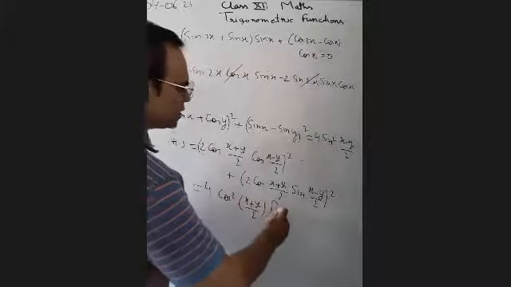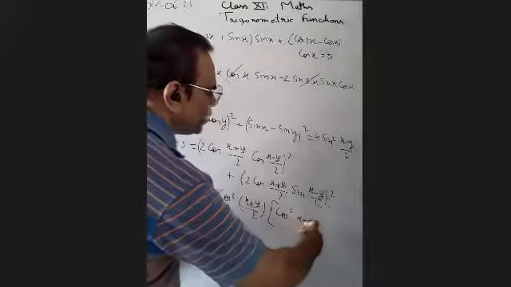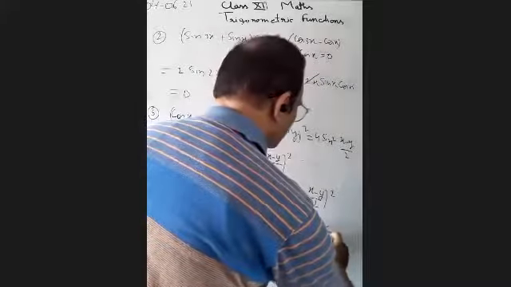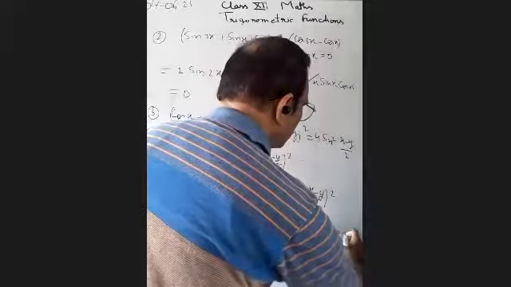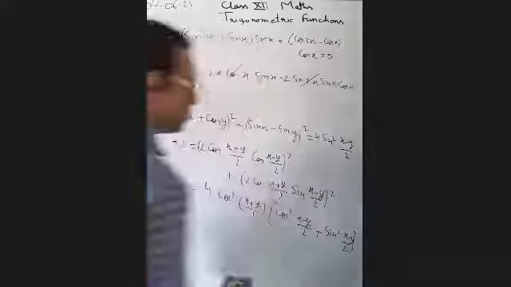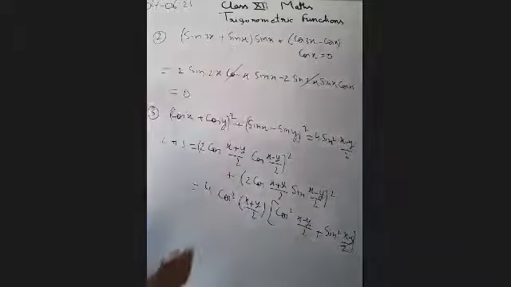We will get cos square x minus y upon 2 plus sin square x minus y upon 2. We know that cos square theta plus sin square theta equal to 1.